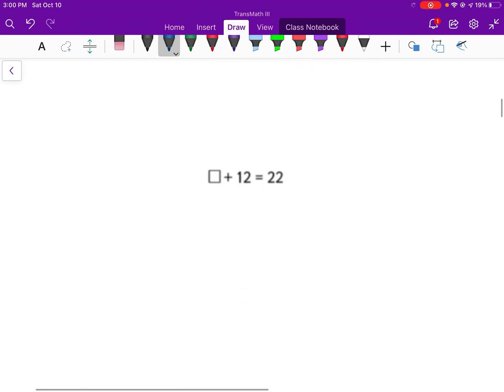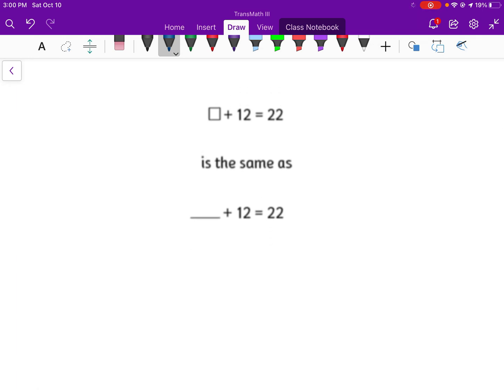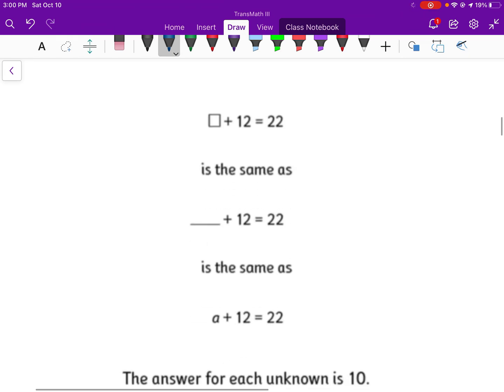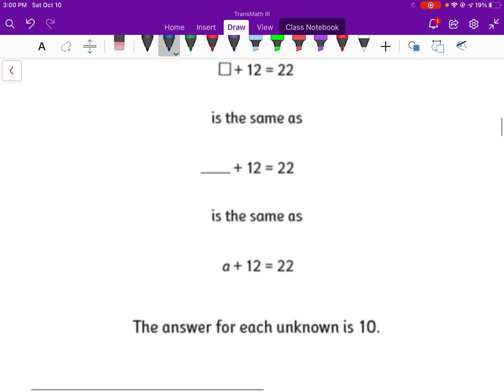We've started talking about equations with variables. Up to this point, before we've talked about equations this way, we've always had a blank spot: what plus 12 equals 22. You'd have a box there and you'd fill in a value, or you'd have just a blank spot, plus 12 equals 22. Now the only difference is we're replacing that box or blank spot with a variable.